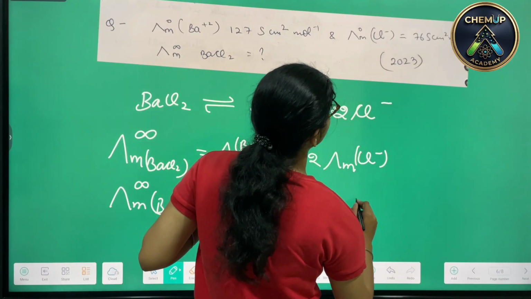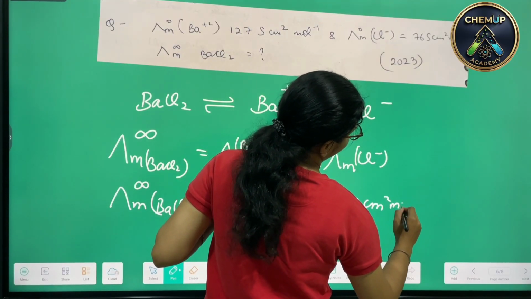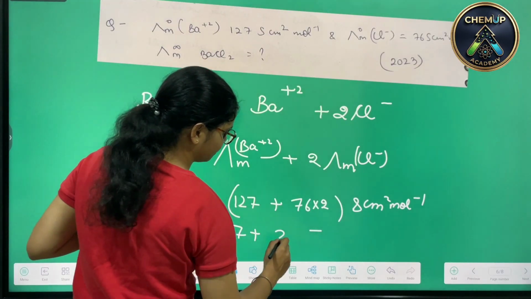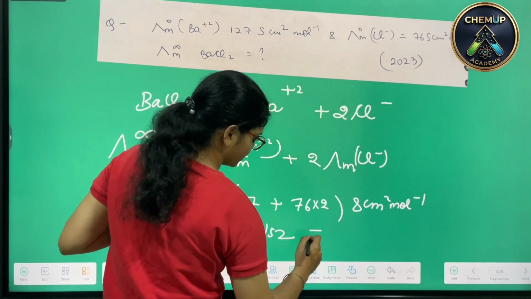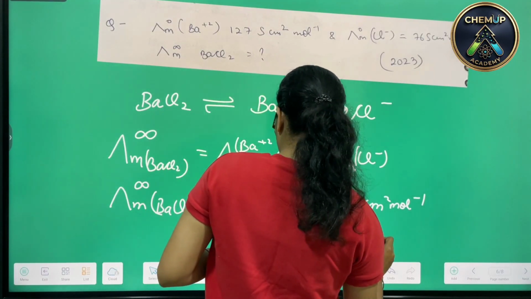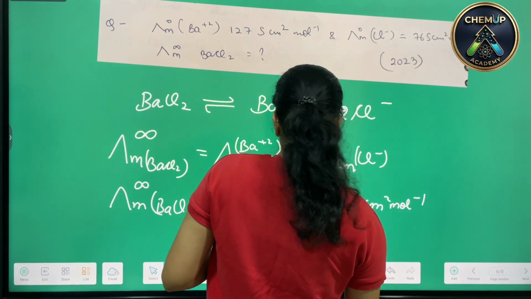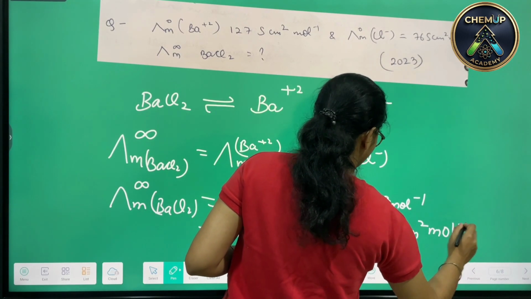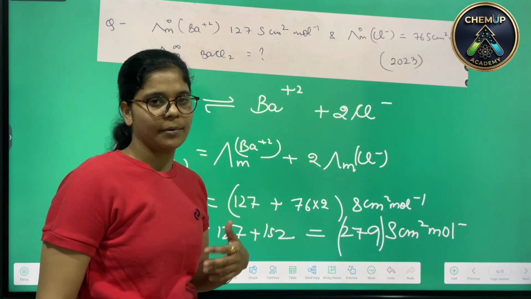Units we can write as S centimeter square mole inverse. On solving it, we can get our answer as 152 plus 127, which is 279 S centimeter square mole inverse. This shall become our answer.